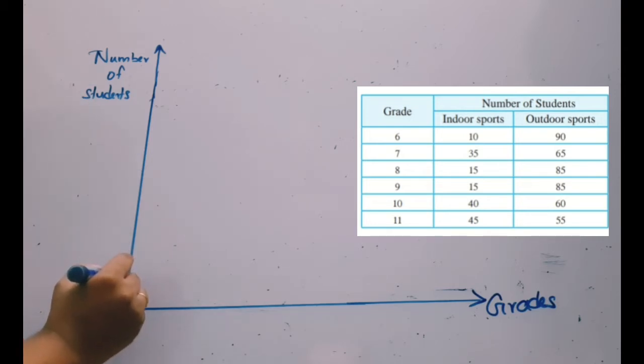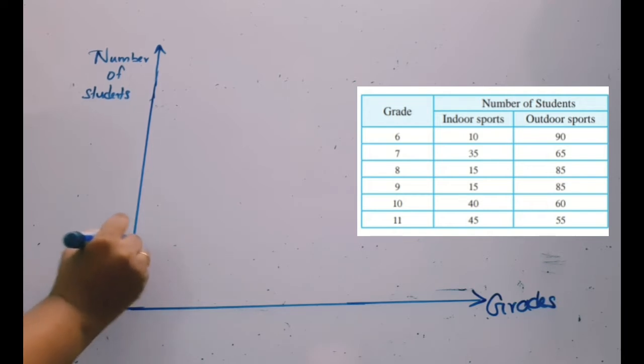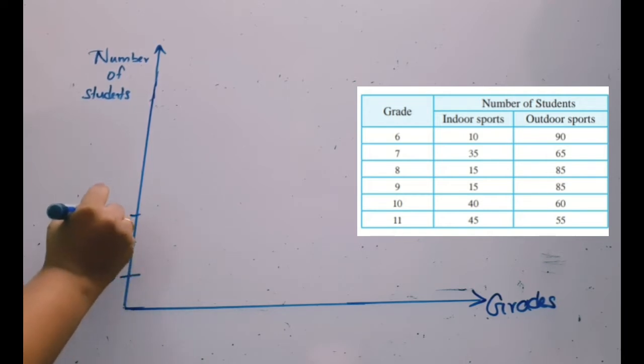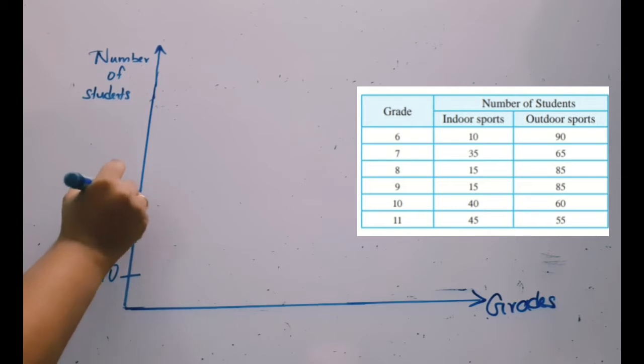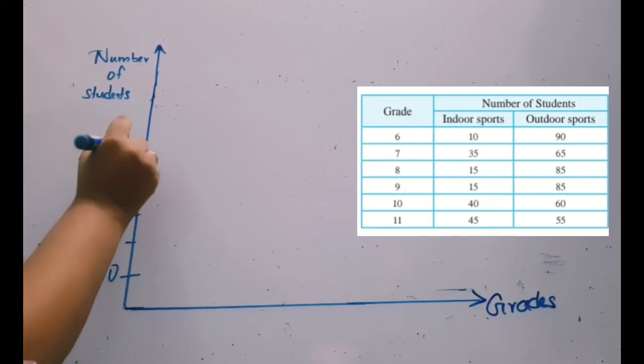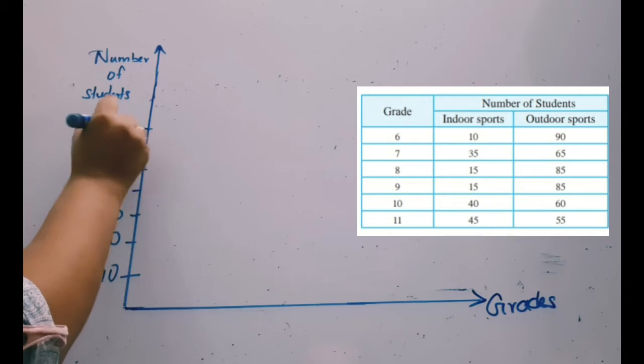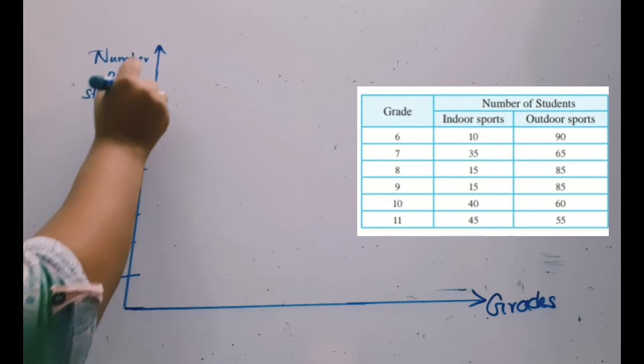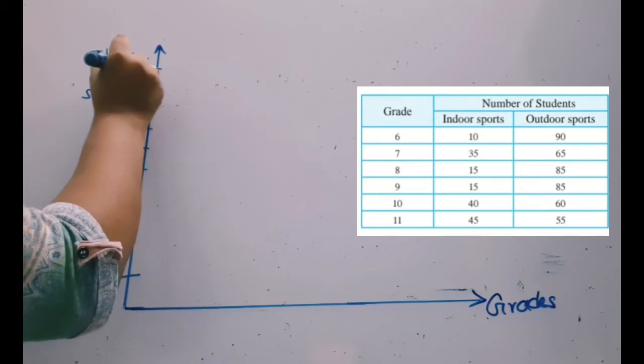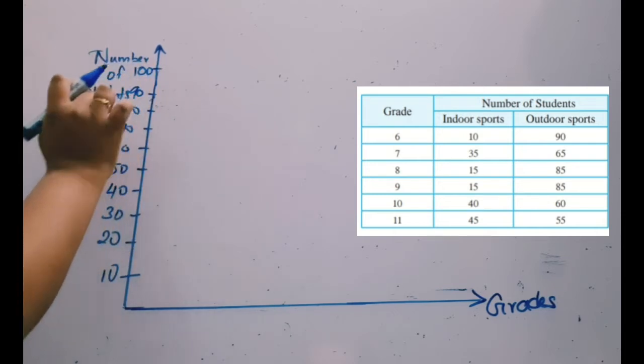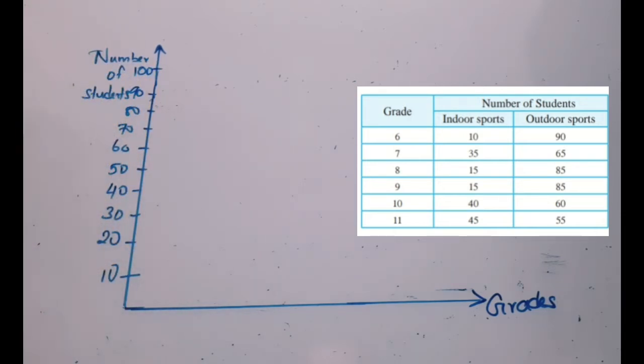Let's start here: 10, 20, 30, 40, 50, 60, 70, 80, 90 and then 100. I have written the scale, so you can mark 15 in the middle of 10 and 20. Am I right? Choosing a proper scale is very important, children.